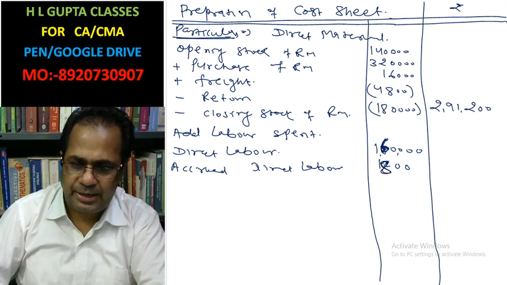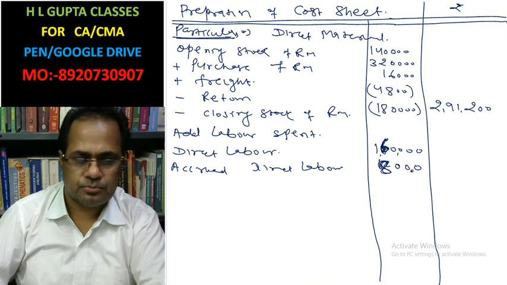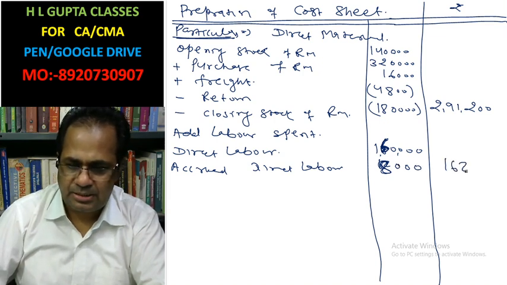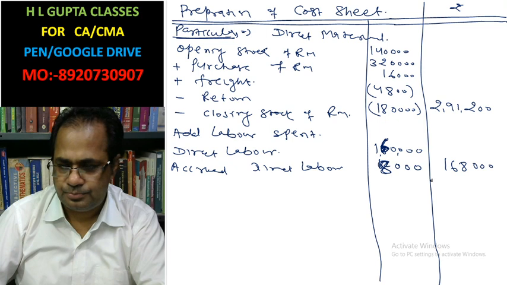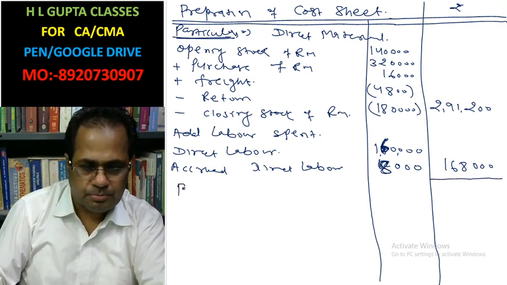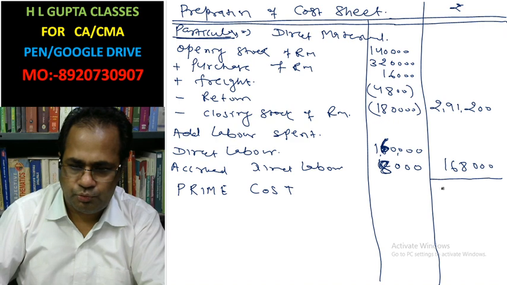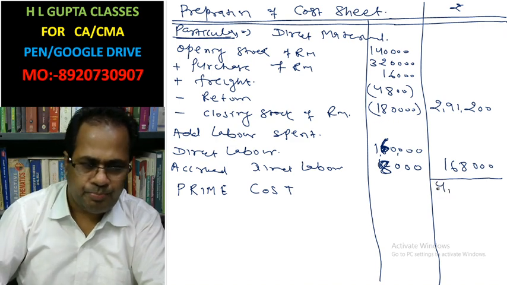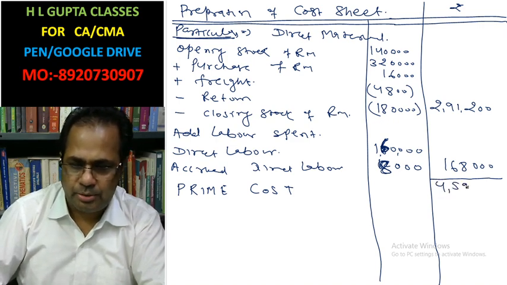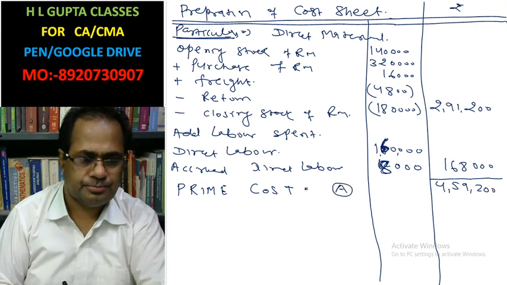This is your 8,000. 1,68,000. Now this is your prime cost. 4,59,200. This is your A part.